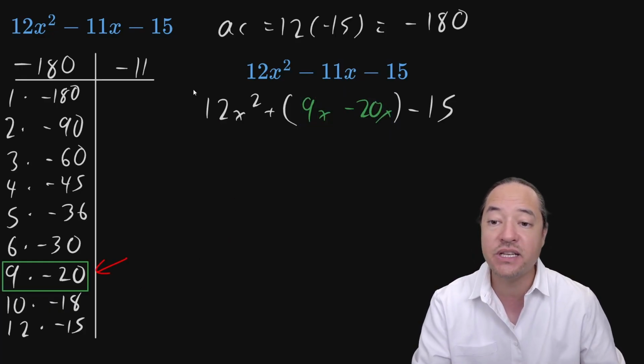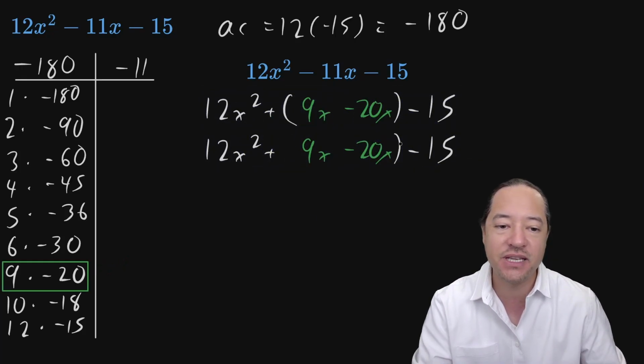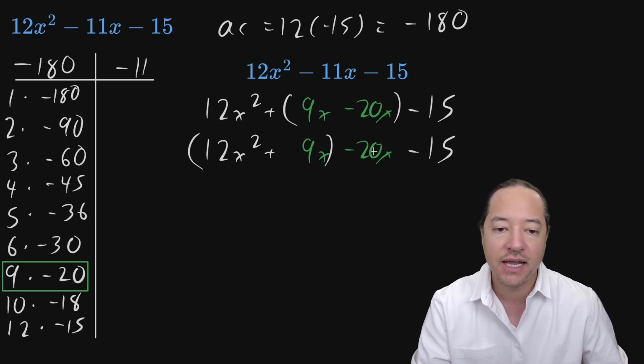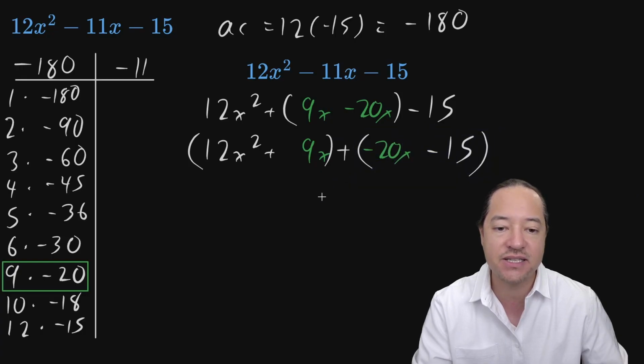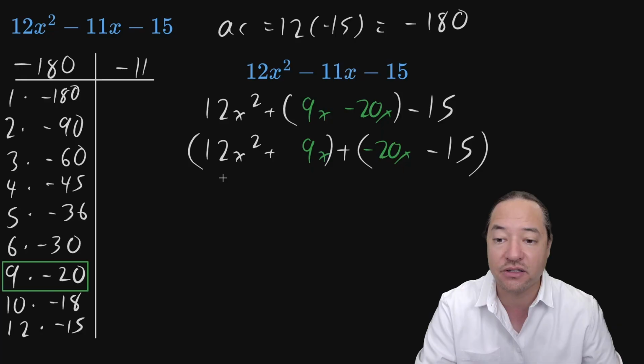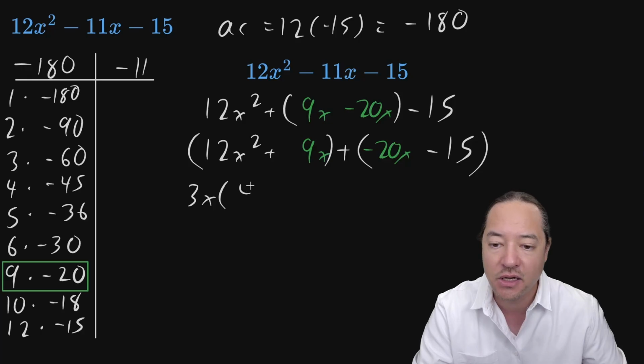And then what we do is we regroup these. Okay, so let's regroup these like this. And here we have to be careful that we don't mess up these signs here. So let's just write it like this. Okay, so now we've split these into two groups. We want to factor out the common factor. Okay, so what's the common factor here? It looks like a 3x, right? So this would be a 3x times 4x plus 3.